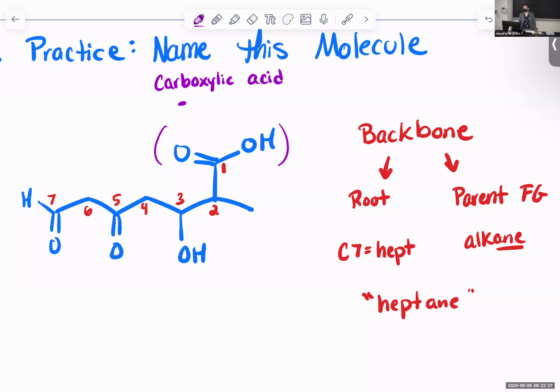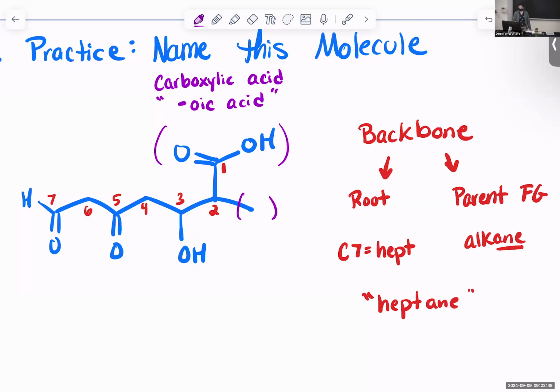Yeah, oic acid, thank you. So we're going to use oic acid for the carboxylic acid. It's going to go on the very end to indicate to us that we have a carboxylic acid in our molecule.